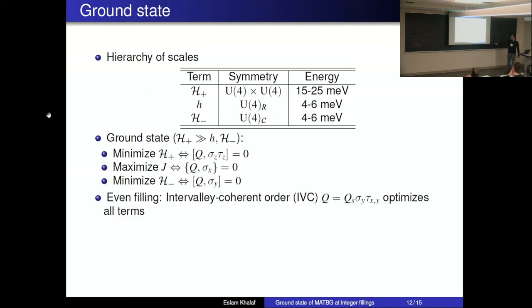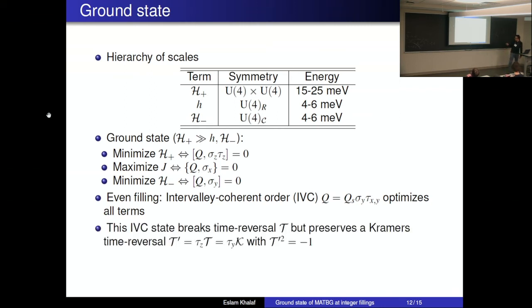If we assume even filling, this gives us a unique ground state: sigma y, tau x, tau y. This type of ground state is an intervalley coherent order. It's an equal superposition of states on one valley and one sublattice, and states on the opposite valley and opposite sublattice.